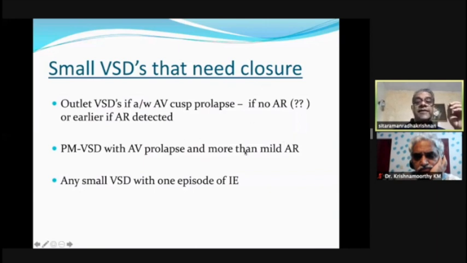Most of these are again detected by echocardiography, quickly referred for surgery so that you prevent a dreaded complication of progressive aortic regurgitation. It is not uncommon in the pediatric population to see a very small subset of patients who come to you with a ventricular septal defect, small but with severe aortic regurgitation.